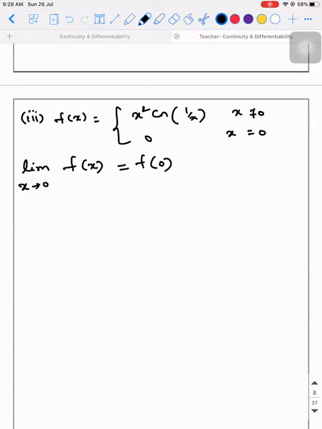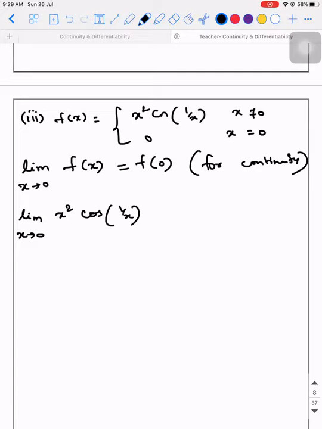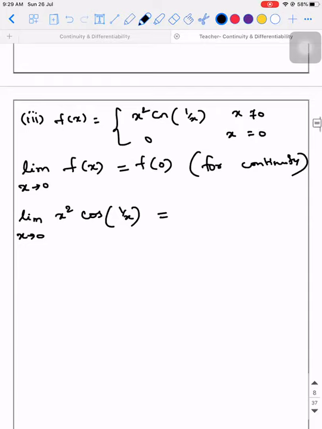So limit x tends to 0. This should be the condition for continuity. Am I right? So limit x tends to 0, x square into cos of 1 by x. How much is this? It is 0 into cos of 1 by 0. So what is this value? 0 into cos of any value. What is the domain of cos?